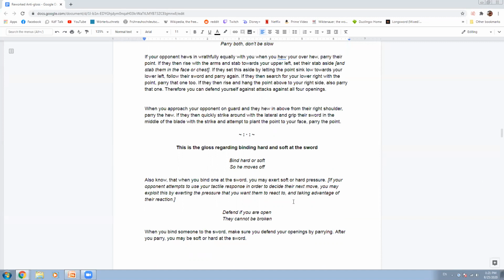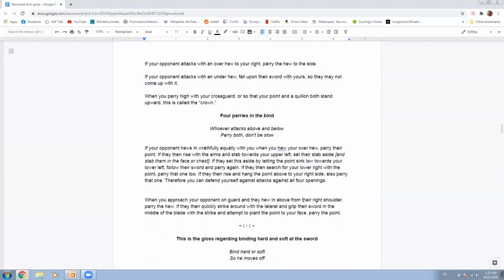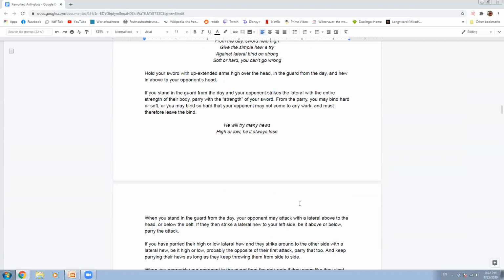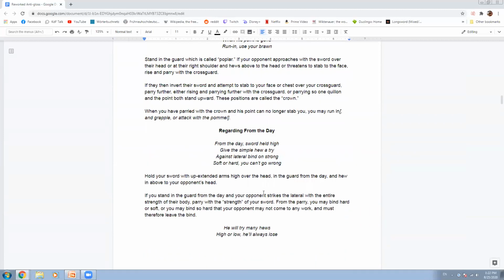But the gloss never actually has it against a true stab. So the answer is no, by the strictest definition. But I would expect the person to possibly do a stab against a Schielhau.